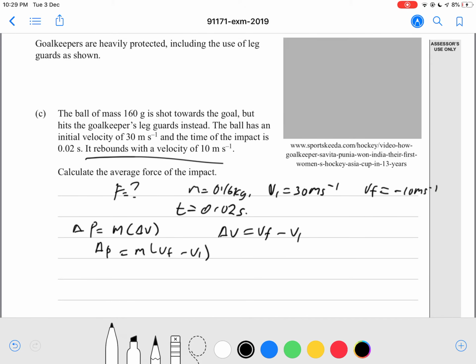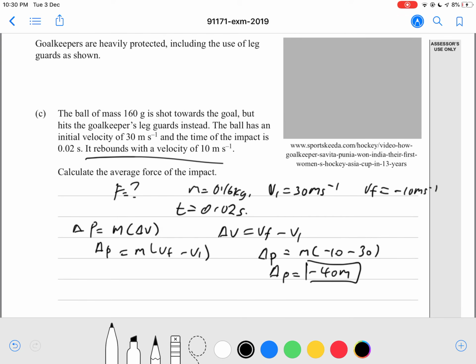Our final velocity is actually -10. So our change in P is equal to m times (-10 minus 30), which is -40m.